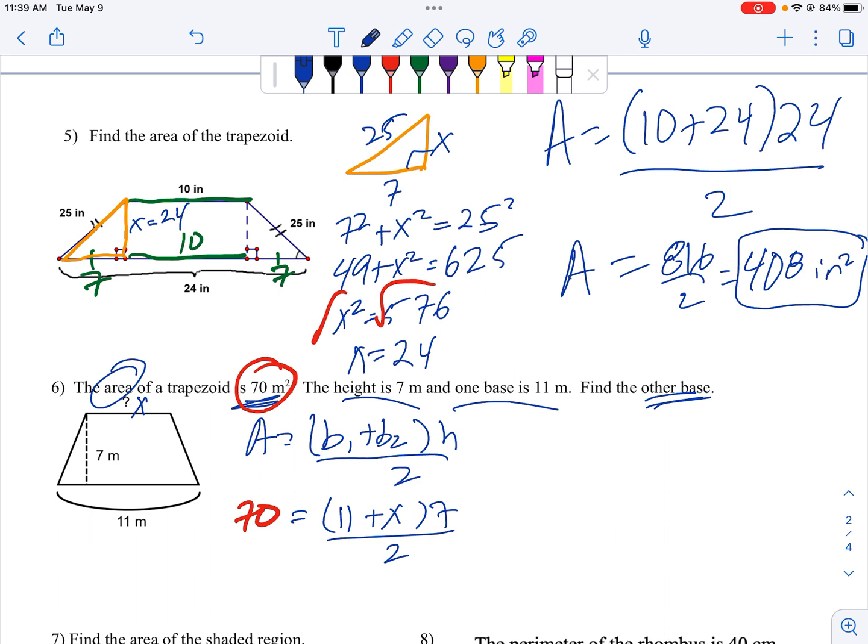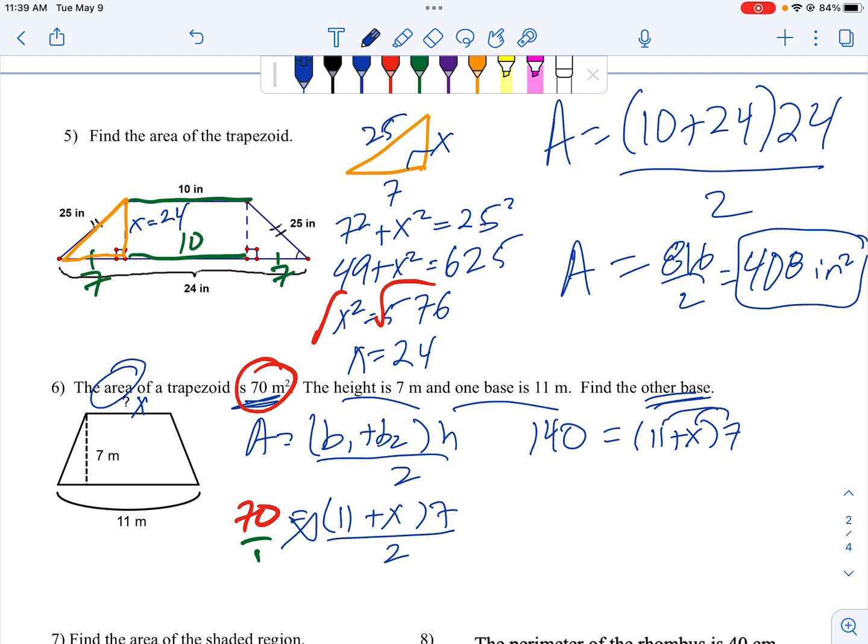I can do this 2 different ways. Some people like to just multiply by 2. Others like to think about this as cross multiplication. You can put this over 1 and cross multiply. Either way, you'll get 140 equals 11 plus X and then the 7.